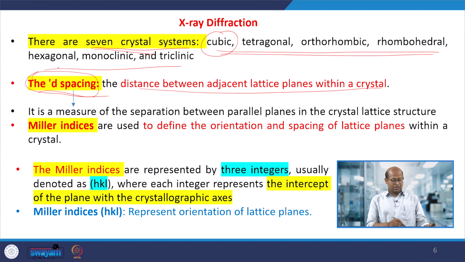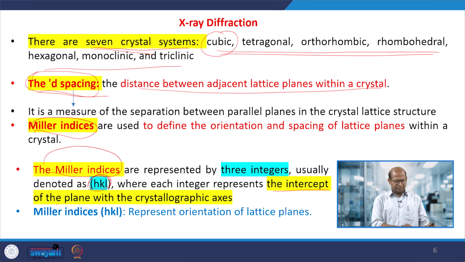The d-spacing and Miller indices are very important components. With the help of the patterns, we can see that a crystal forms different types of planes, represented by three integers, HKL.